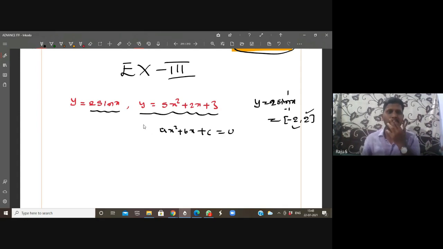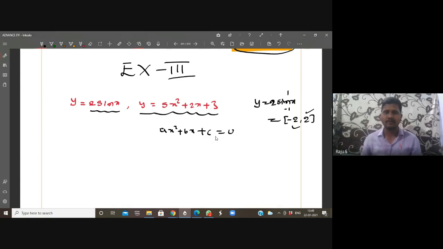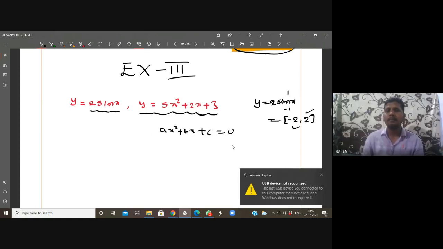There is a formula, minus b minus root of b square minus 4ac by 2a. If I take the discriminant as capital D, what is the discriminant formula? B square minus 4ac.